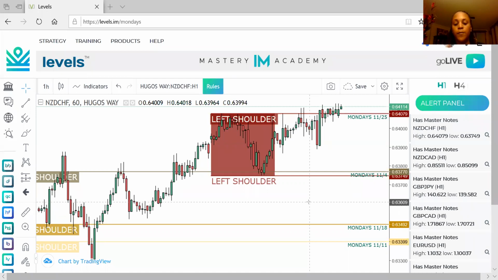So the first strategy, we're going to be trading the head of the head and shoulders pattern. The second strategy is we're going to be trading the right shoulder of the head and shoulders pattern.